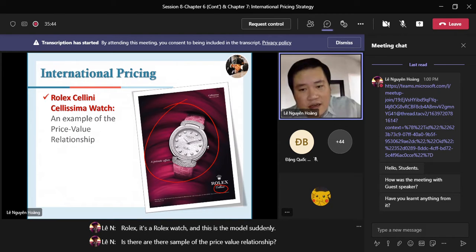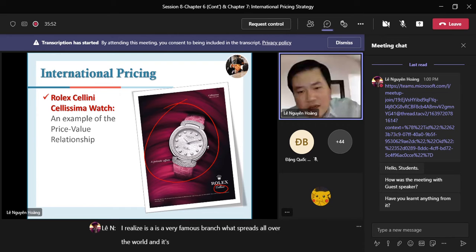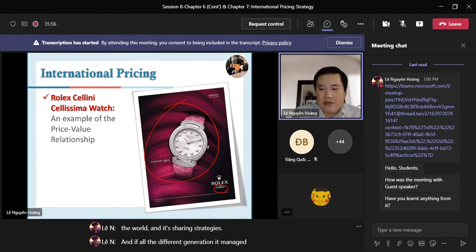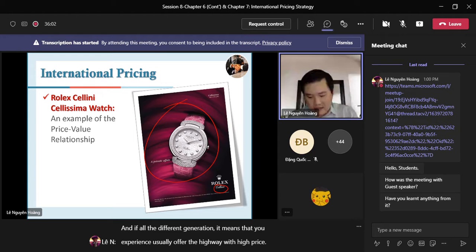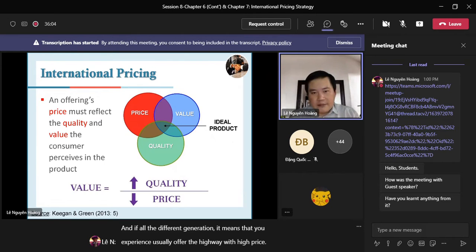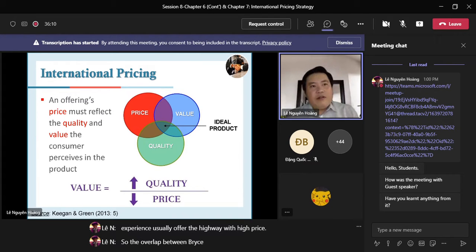Rolex is a very famous watch brand all over the world, and its strategies involve differentiation. It means that its products usually offer high quality with high price. So the overlap between price, value, and quality is called ideal.